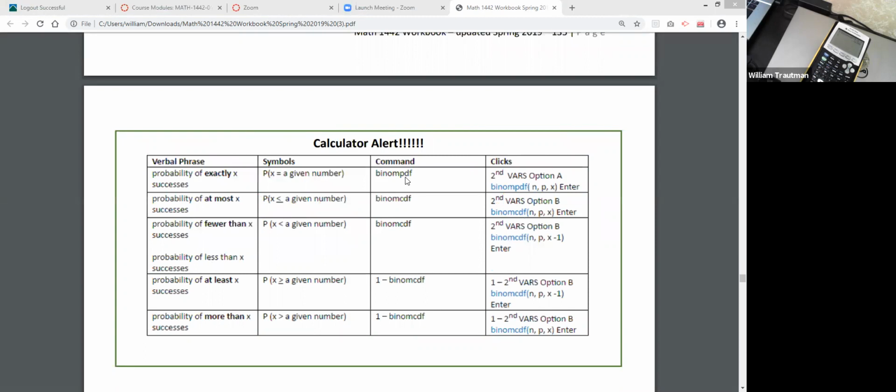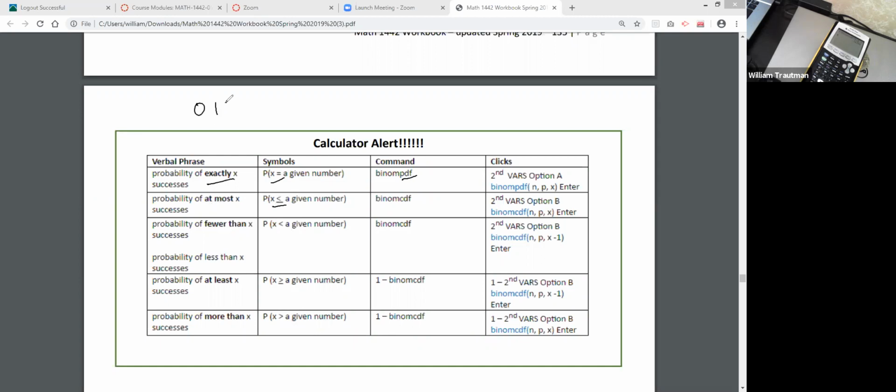Once again, when we say exactly, it's PDF. That's the equals. Where's less than or equal? Oh, right here. Less than or equal to, another way of saying that is at most.